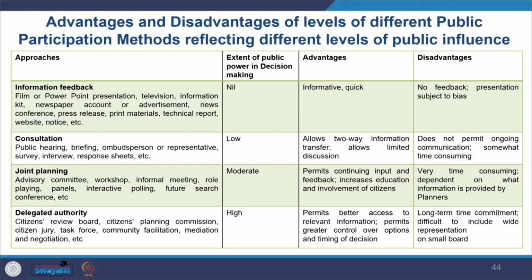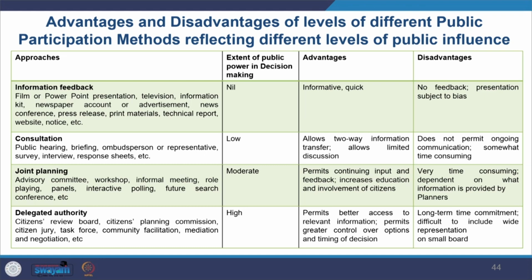And then we see another approach, which is delegated authority, where you have a citizens review board. So you have citizen planning commissions, citizen juries, there's a task force, and also there's mediation and negotiation. So here the power in decision making is very high for the public, and the advantage is that it allows better access to relevant information, and it also allows greater control in decision making to the people.